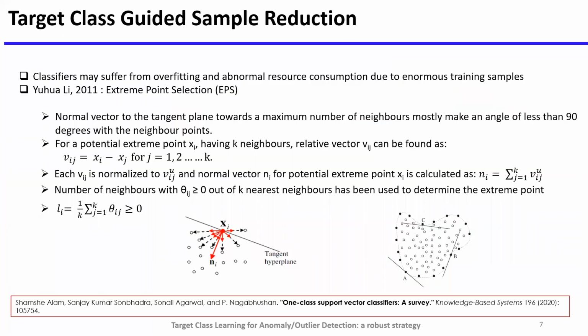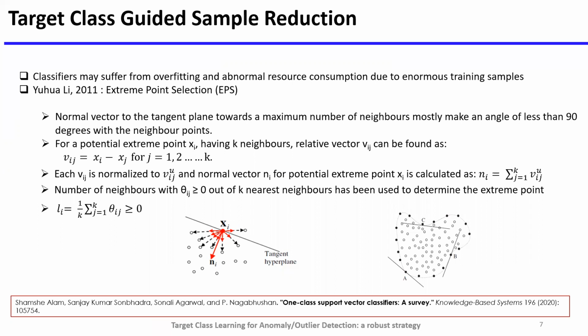Coming to the first phenomenon of target class guided sample reduction, there we are focusing on the reduction of training samples so that we may get optimized performance and less computation cost. As the literature says, target class guided sample reduction has not been explored too much yet.